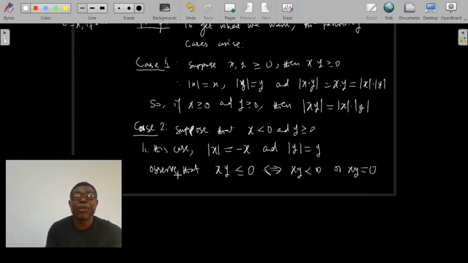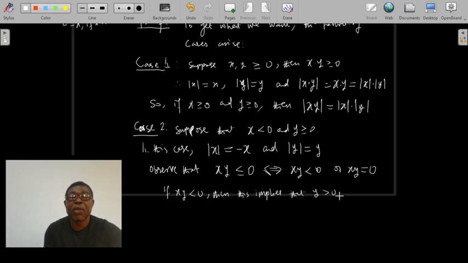Now, if xy is less than 0, this will only happen if y is truly bigger than 0, so that the absolute value of xy will be equal to minus xy, which is the same thing as minus x times y.